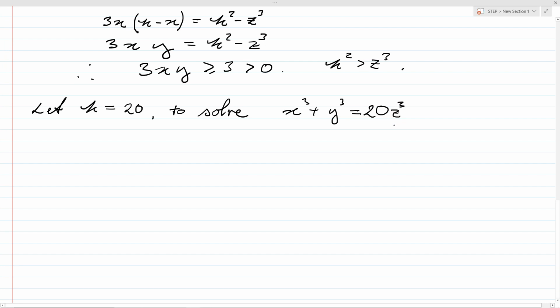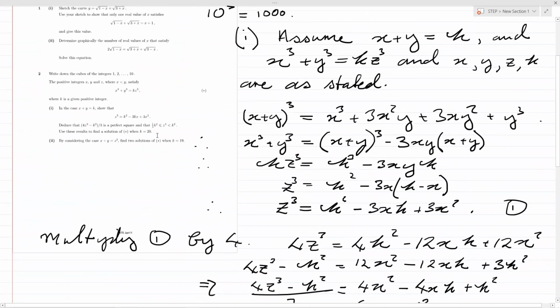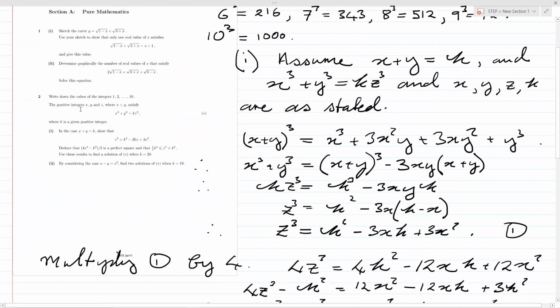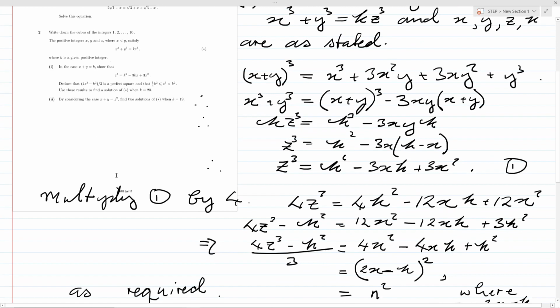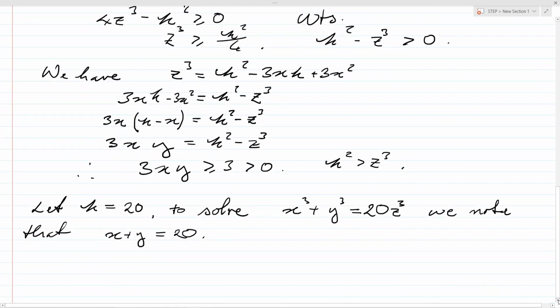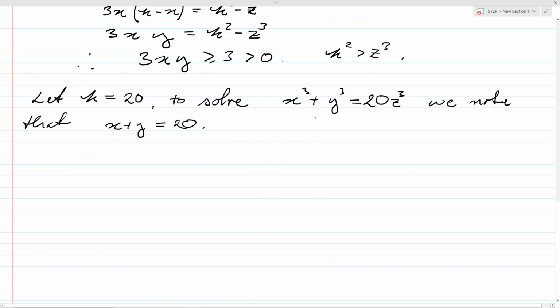We also note that x plus y is equal to 20, which will help us. And remember from the beginning that we also have to consider the fact that y is greater than x. That will be useful probably. I don't know when. Maybe it will, maybe it won't, but might as well. And x is less than y.